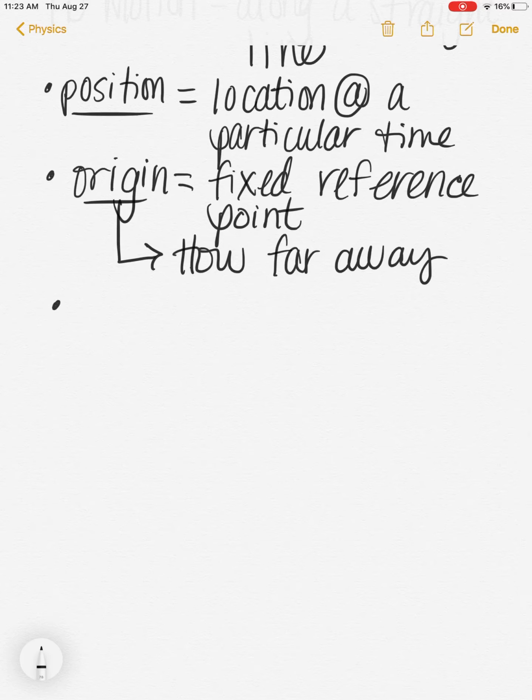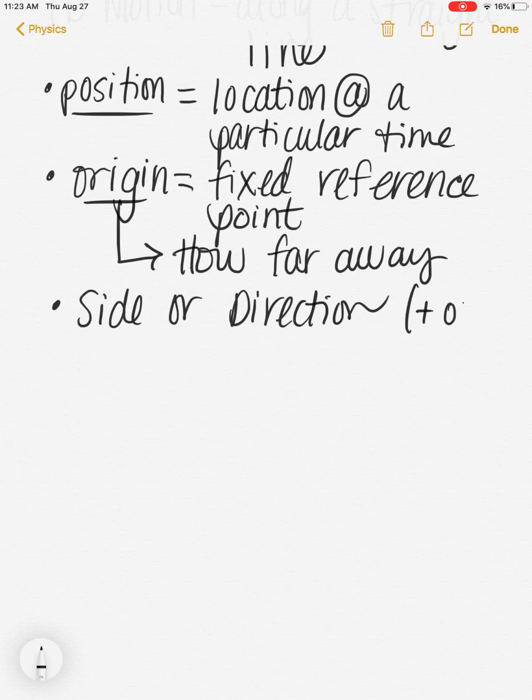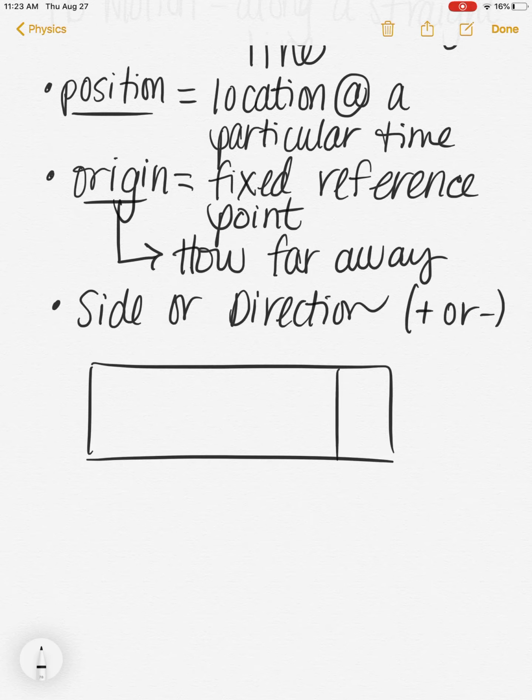Next, we must also discuss the side or the direction of the position in relation to that origin. So are you positive or are you negative with respect to that origin? So let's say that we are dealing with a football field, perhaps. You've got all kinds of yard lines, but let's say that's the 50-yard line.